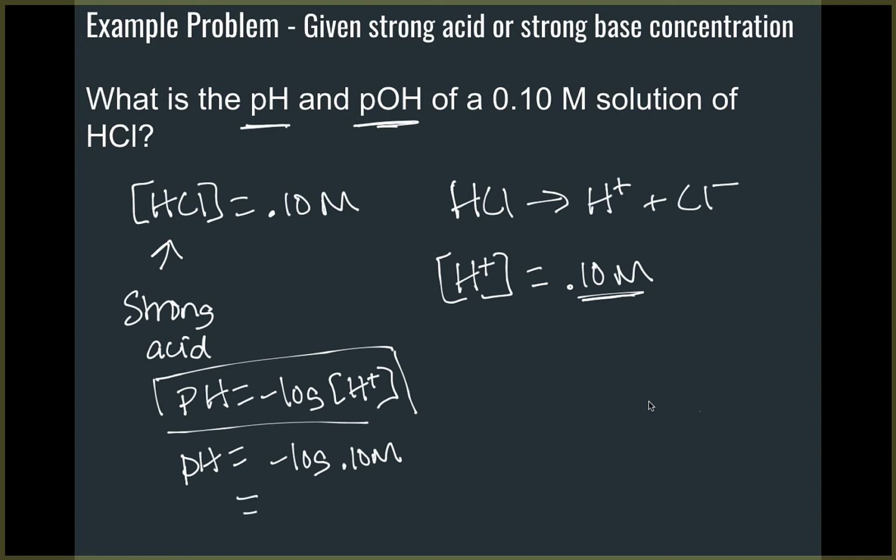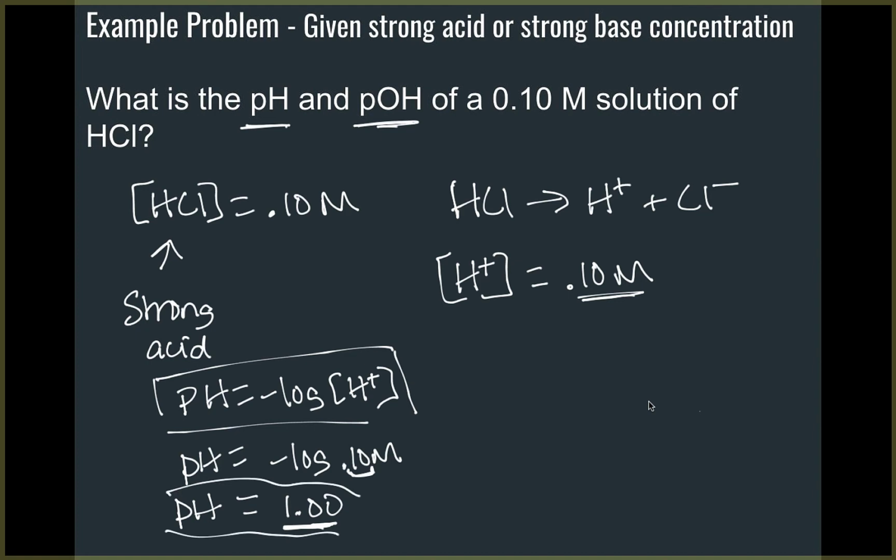When I put that into my calculator, the pH is equal to 1.00. Now pH values are kind of weird because they're based on log values. The sig figs for a pH value don't start till after the decimal. This number here has 2 sig figs, so I would report this as 1.00. That would be my answer for this one.